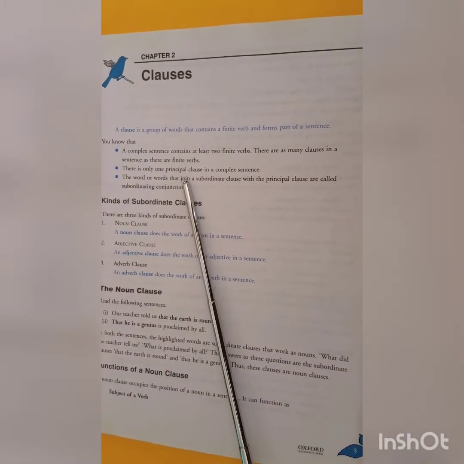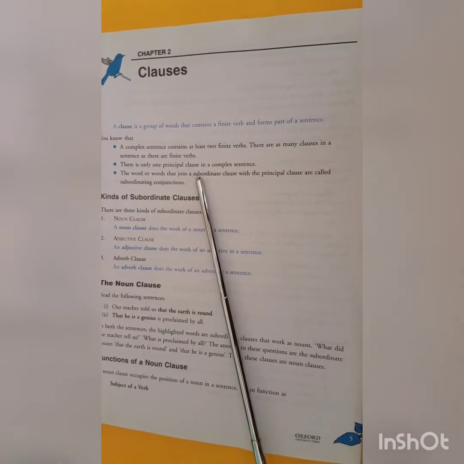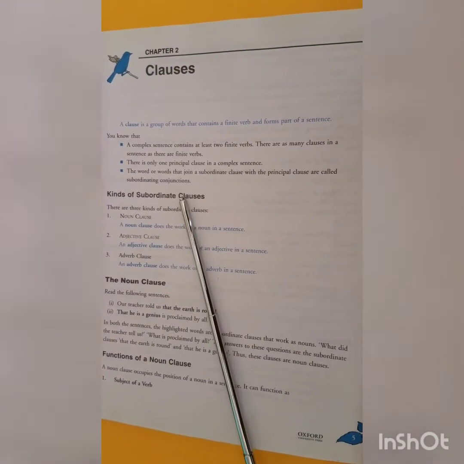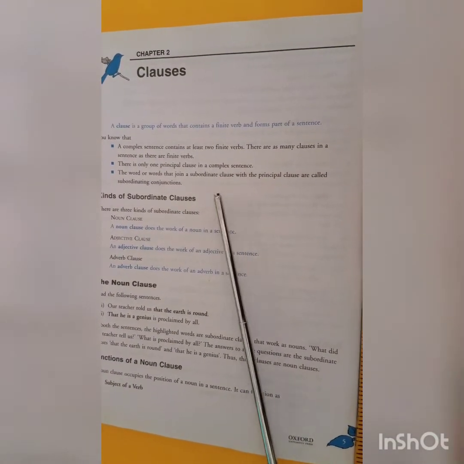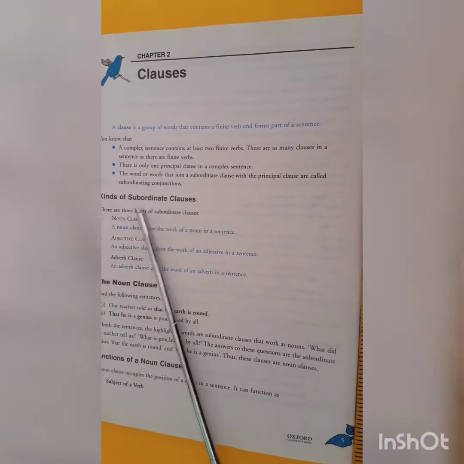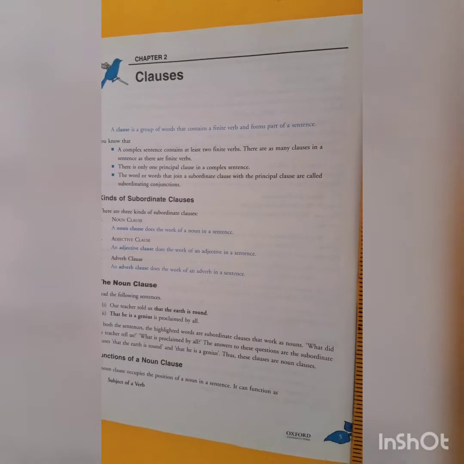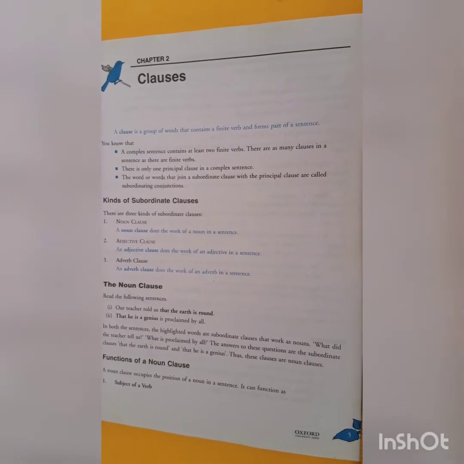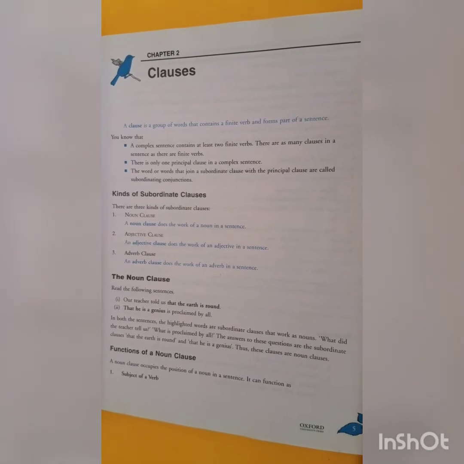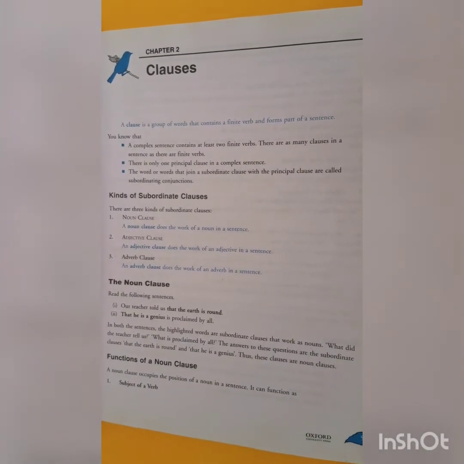There's only one main clause, which is known as the principal clause in a complex sentence. Thirdly, the word or words that join a subordinate clause with the main clause are called subordinating conjunctions. This is a review of what we understood the last time.